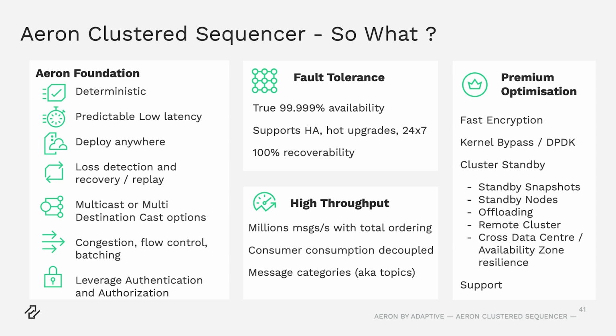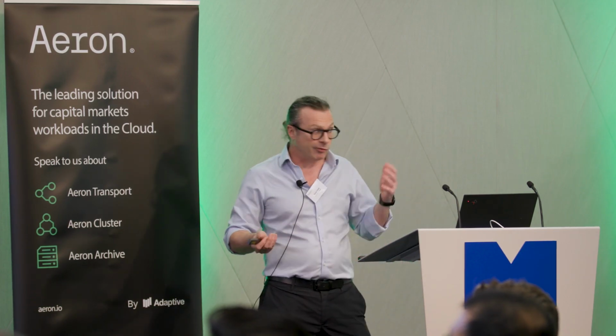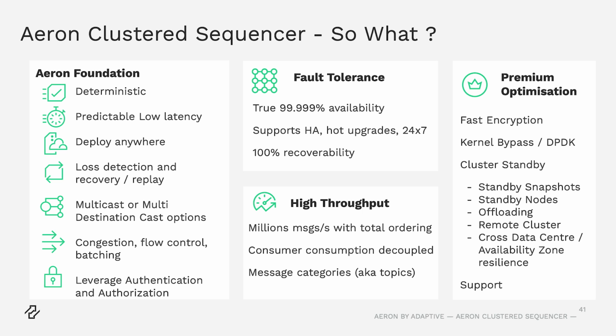Determinism, predictable latencies, getting rid of long tails or understandable long tails, deploy it anywhere, in the cloud, in the data center, across both, be able to handle loss, particularly important for the cloud. And again, options in terms of multicast, multi-destination cast, unicast, all of that stuff, with some foundational authentication, authorization, and all of that stuff.